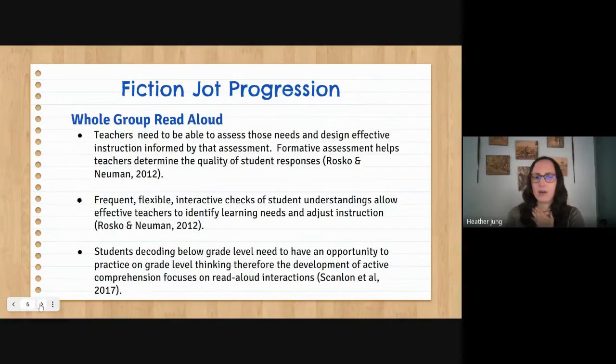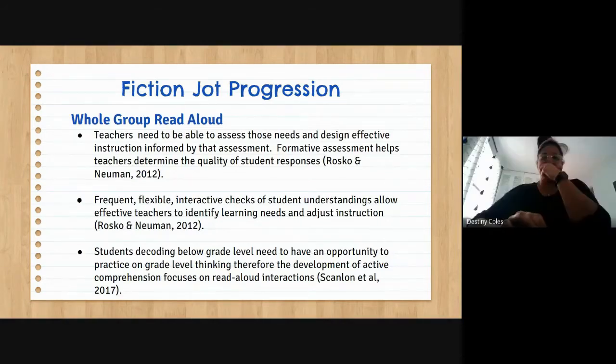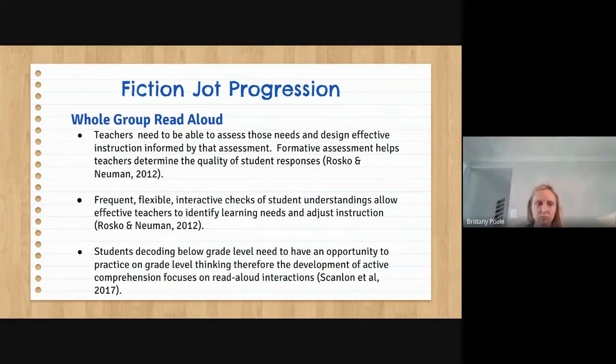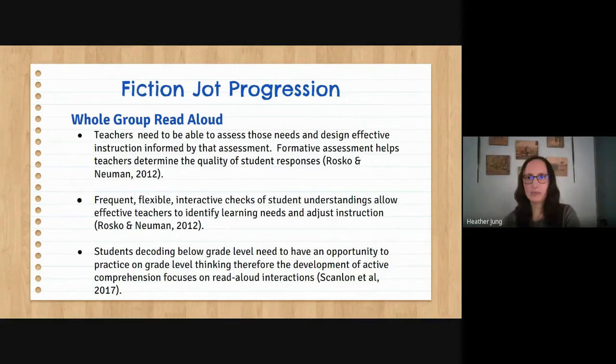And here's some of the research behind what we did last time, thinking about whole group read aloud. I'll give you some time to read this. Okay, we ready to go on?